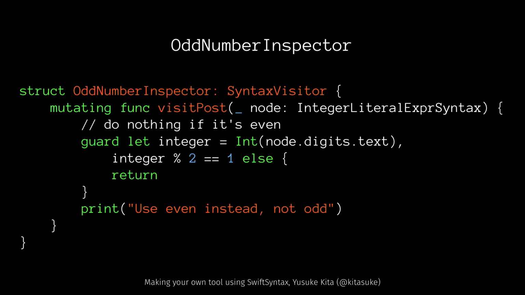If you take node.digits.text, you can get the raw value of the Swift source code. As I told you, that's a string, even though it's an integer literal value, so we have to cast it to Int first. If it's even, we do nothing. If it's odd, we just print a warning. That's it. It's really simple.